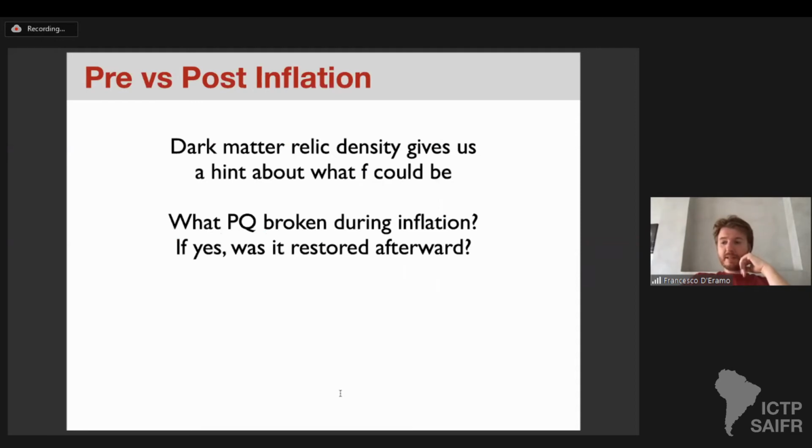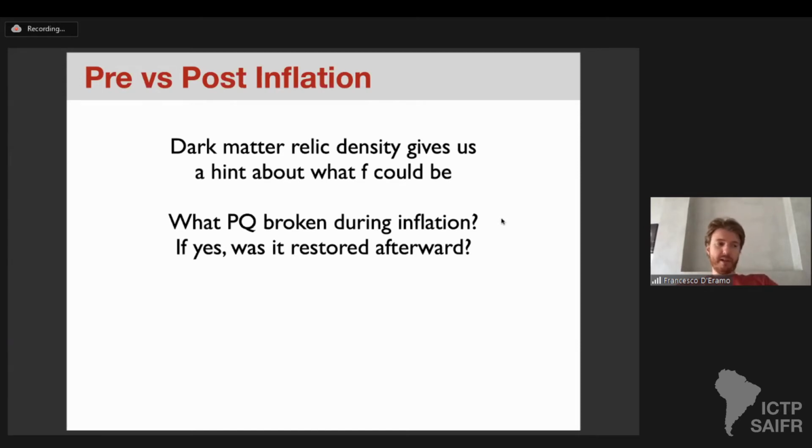And it depends on the interplay between Peccei-Quinn breaking and the inflationary physics. So inflation is this phase where the universe undergoes a very fast exponential expansion, where the energy density was dominated by the vacuum energy of a field known as the inflaton.